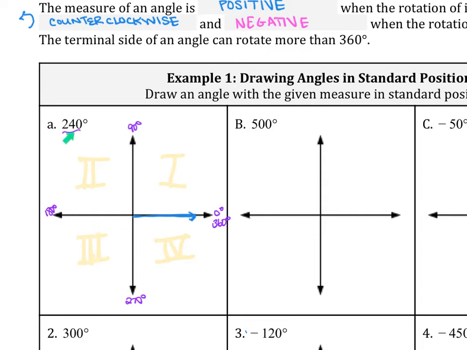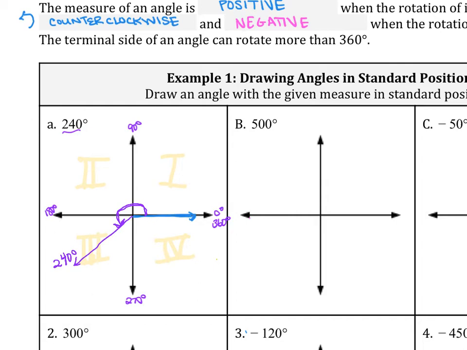Notice 240 degrees is between 180 and 270 degrees. Just a sketch, we'll say it's right about here. And then you need to show which way your angle rotated. So you do have to draw this right here. This is the angle, and this stops at 240 degrees.